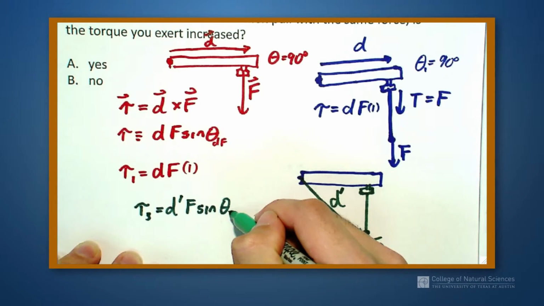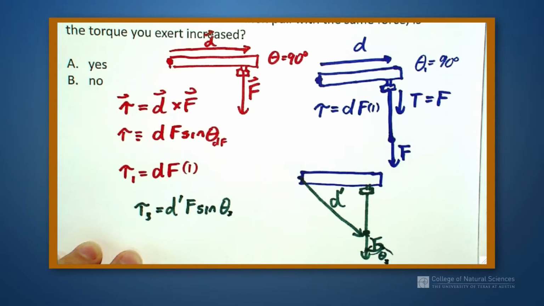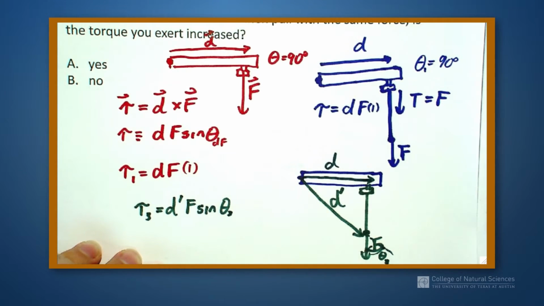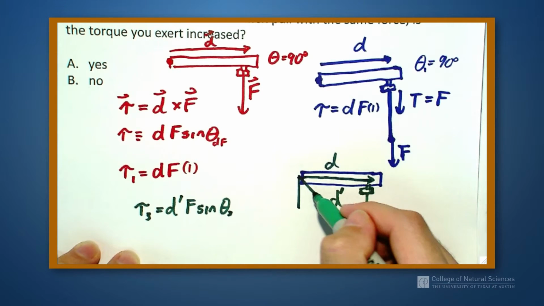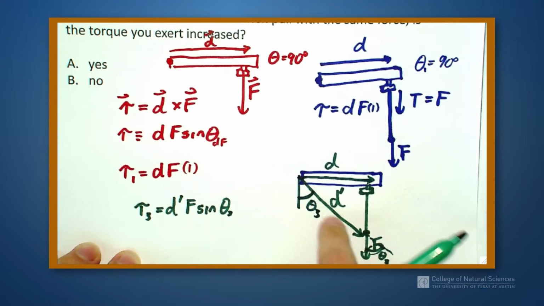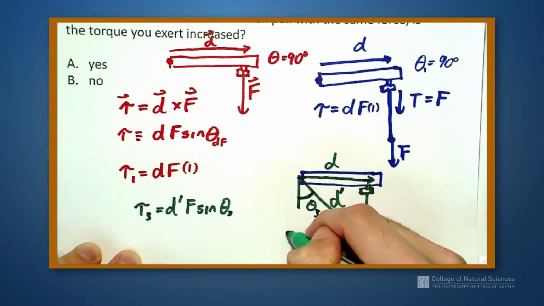Well, this theta 3, we have to figure out, except d has changed, and now I have a sine of theta 3. So if I relate that back to my original d, how does that relate? Well, I should be able to relate d to d prime. I can see that this angle right here is going to be the same as this angle right there.